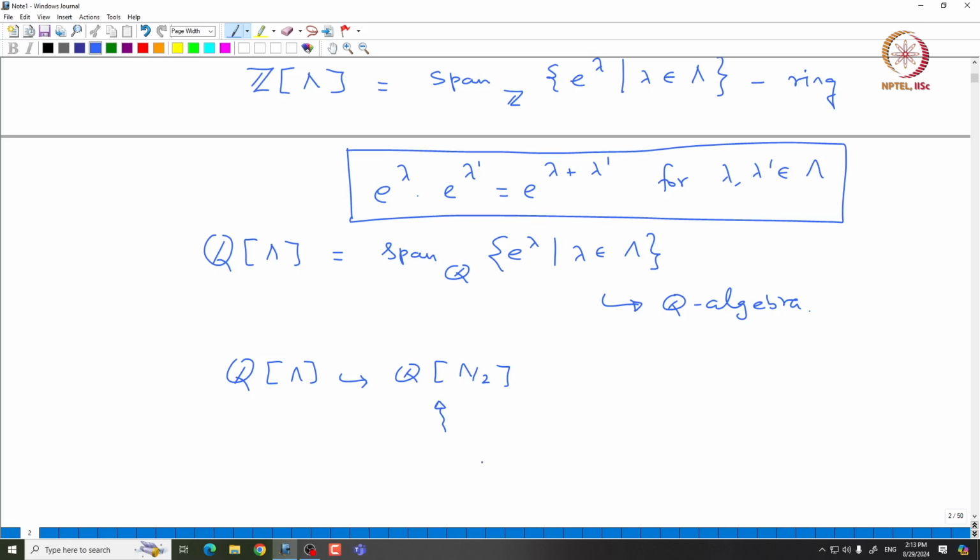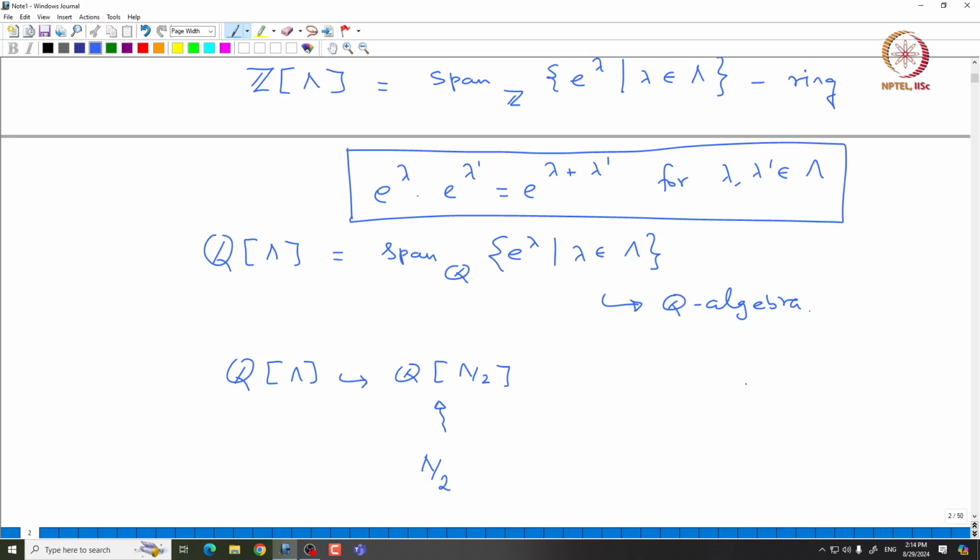So, this is the algebra associated with lambda by 2. We are considering this bigger lattice lambda by 2, which contains this capital lambda. Now, sometimes we need to invert some of the elements. For example, we need to at least invert the product side of the character formula.